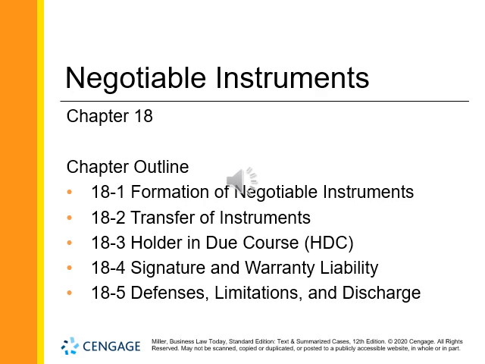The definition of negotiable instrument: a signed writing or record that contains an unconditional promise or order to pay an exact sum on demand or at a specified future time to a specific person or to order or to bearer.